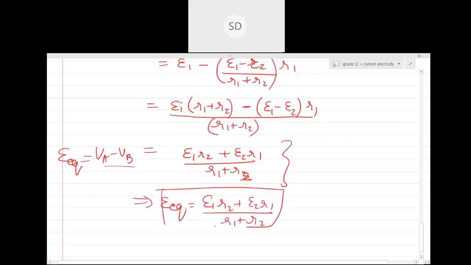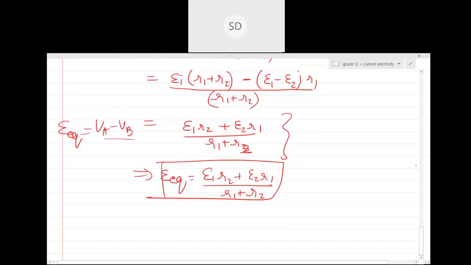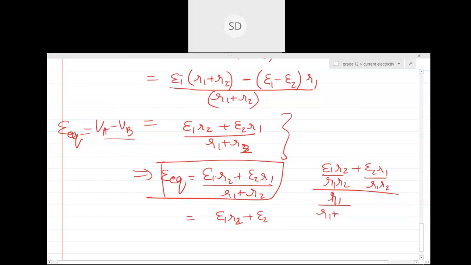This is one formula. The second one is obtained by dividing the whole thing by R1R2: E1R2 plus E2R1 upon R1R2, over R1 plus R2 upon R1R2. Can I do this?